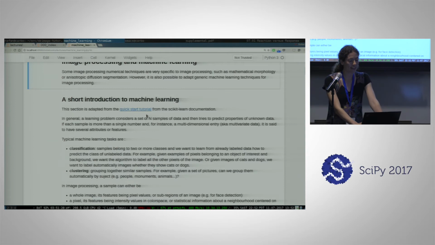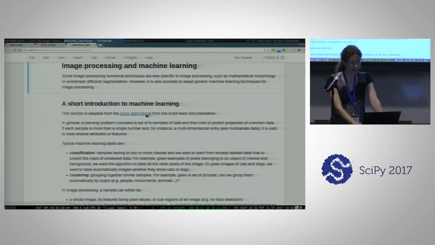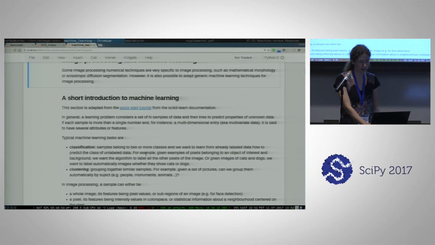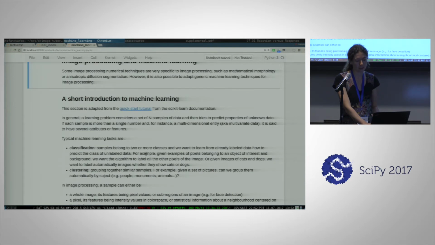I'll start the tutorial with a very quick introduction to machine learning. It's actually an adaptation of the scikit-learn quick start tutorial that you can find from this link on the scikit-learn documentation. I have written here some text to explain what machine learning is and which kind of problems it tries to solve.